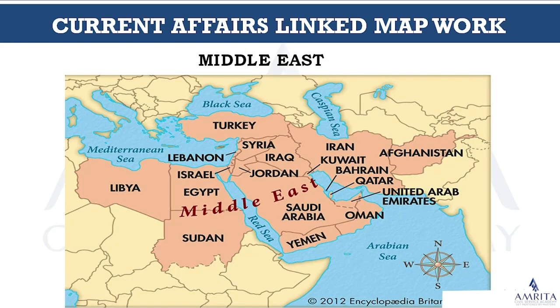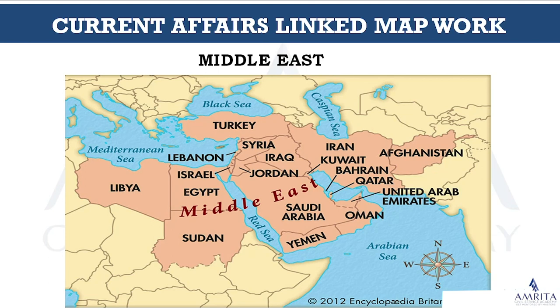Next goes to Middle East. Middle Eastern region always in news, and look at the water bodies here. Mediterranean Sea connecting some Middle Eastern countries like Egypt, Israel, Lebanon, Syria, Turkey and all.